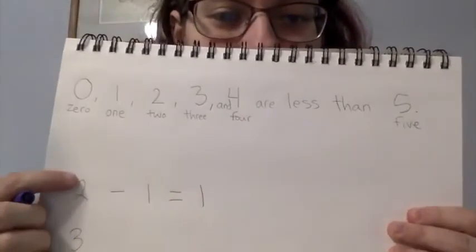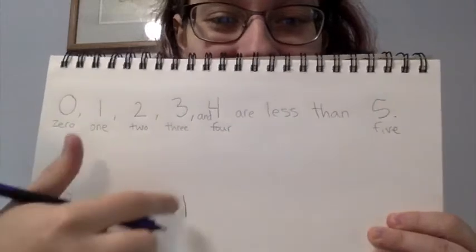So what's 1 less than 2 written as a subtraction sentence? 2 minus 1 equals, do it on your fingers, 1. So now I'm going to show it to you and see if you got the same thing. 2 minus 1 equals 1.